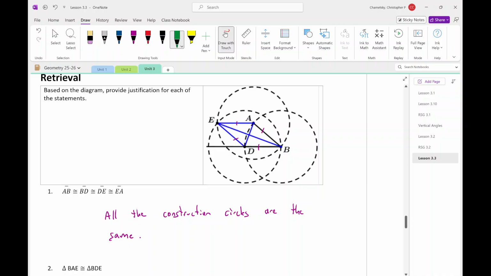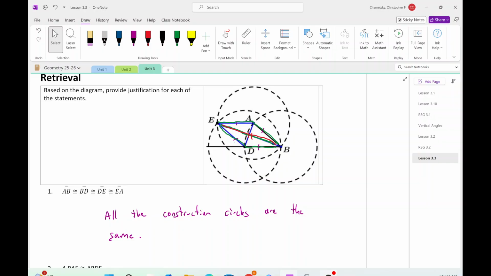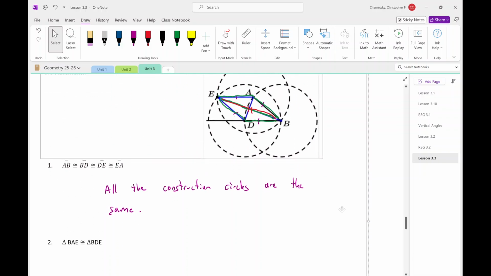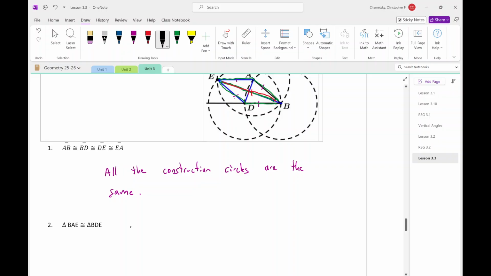Then how do we know that triangle BAE is congruent to triangle BDE? Well, we already matched two of the pairs of sides. And then in the middle, that is a shared side. Okay, so those triangles are going to be congruent by side, side, side.